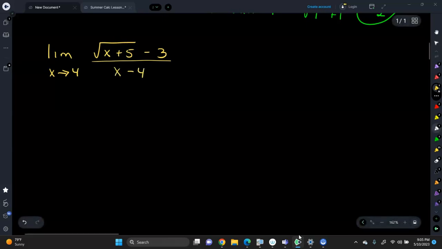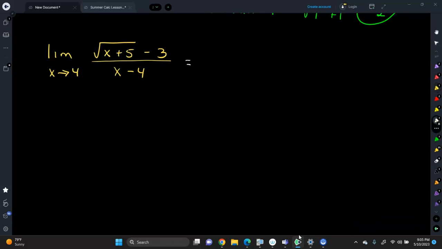The limit as x approaches 4 of the square root of x plus 5 minus 3 over x minus 4. So when we look at this, we can see once again, we're going to get the square root of 9, which is 3. 3 minus 3 is 0 over 0.